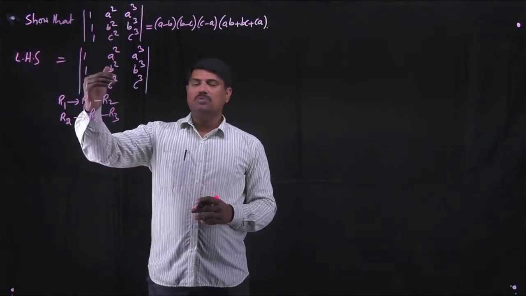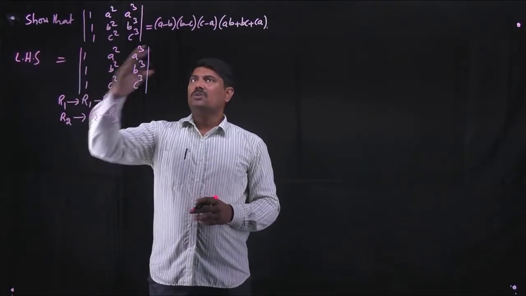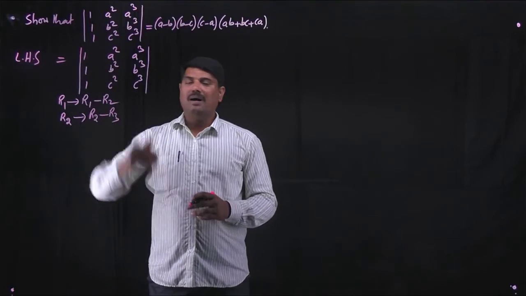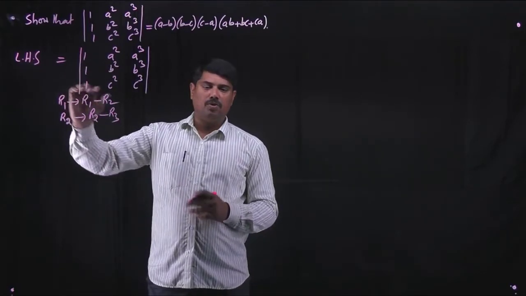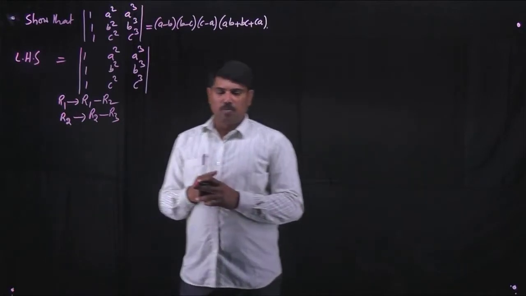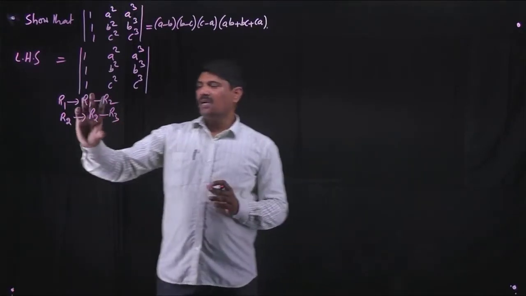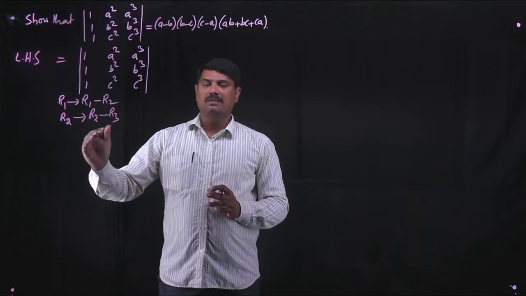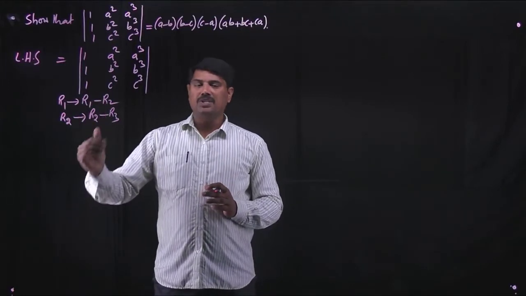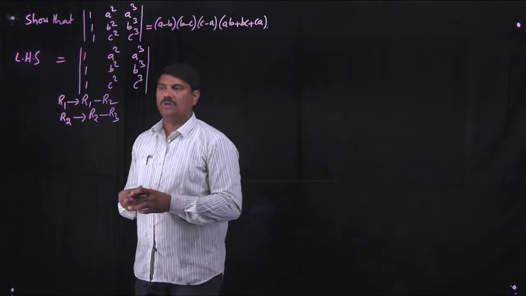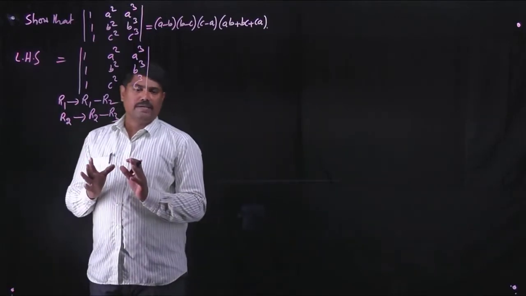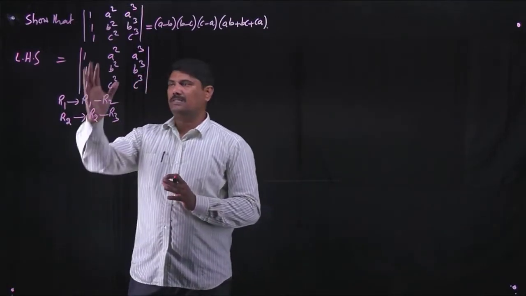If you do the third application to get C minus A, R3 minus R1, this element also becomes 0, so the determinant leads to be 0. That's why the third application cannot be done here. If you do the third application, you cannot get that answer. You will get the answer as 0. So you have to consider only two applications at once here.